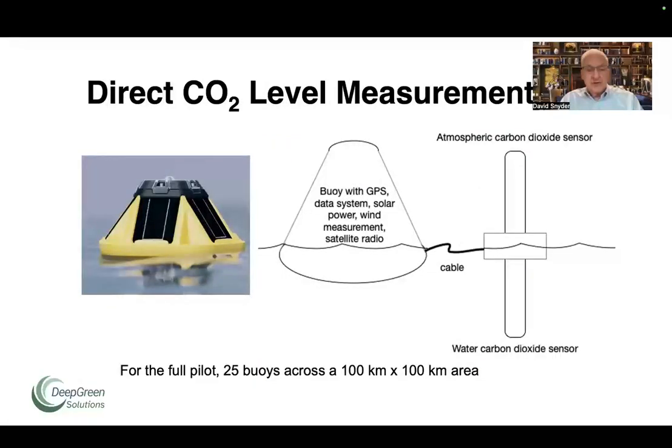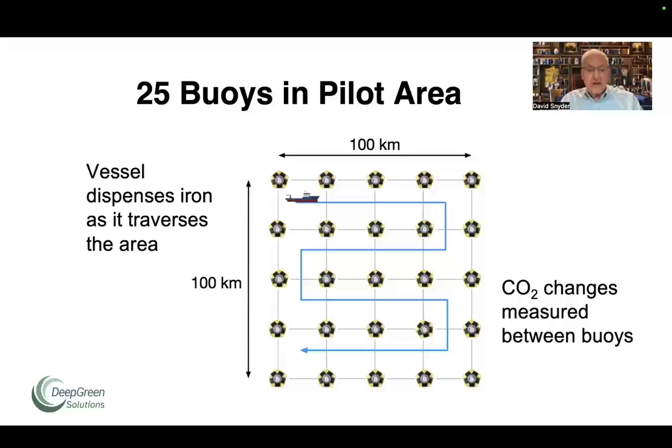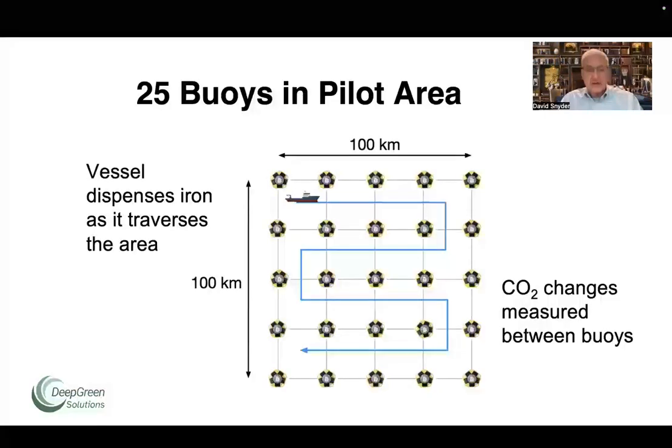The buoys that we would use to measure the carbon dioxide at the surface of the ocean are equipped with GPS, solar power, and satellite radio to transmit the data. These buoys are about 16 inches in diameter, and we would use about 25 of them in a grid within the project area, measuring the difference between different buoys to observe the change.